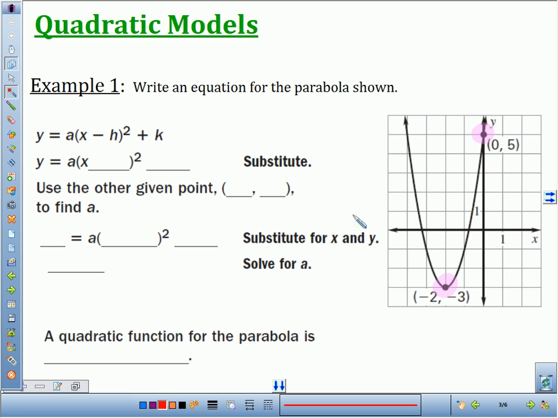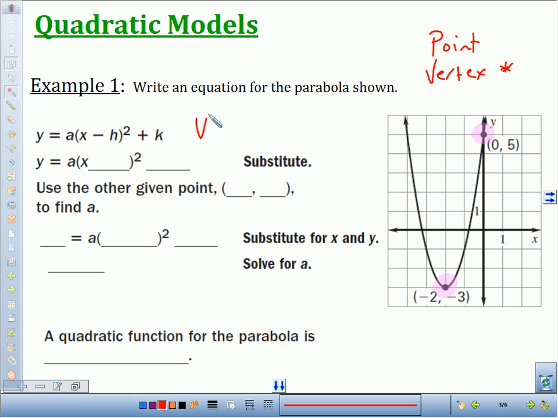Since we have a point and we have the vertex, we want to use vertex form, and that vertex form is y equals a times (x minus h) squared plus k. We should remember that when we have an equation that we're graphing, h always changes its sign.